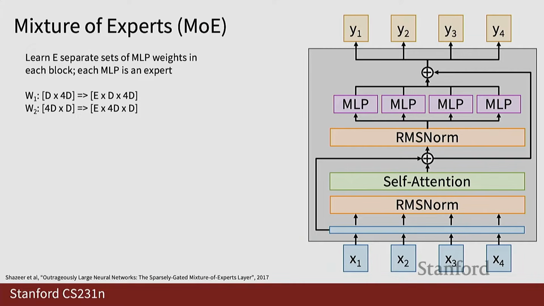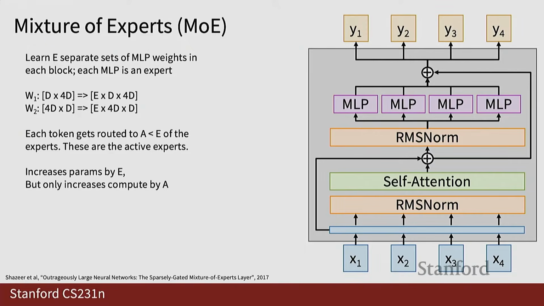The last piece is mixture of experts, which is often used in even the very modern architectures these days. Instead of having one set of MLP layers, we can have multiple sets of MLP layers. Each of those will be an expert. Through a router, the tokens will be routed to A of those E experts.